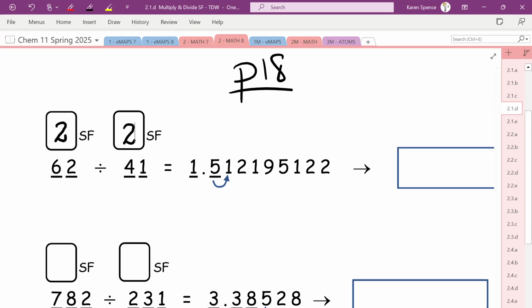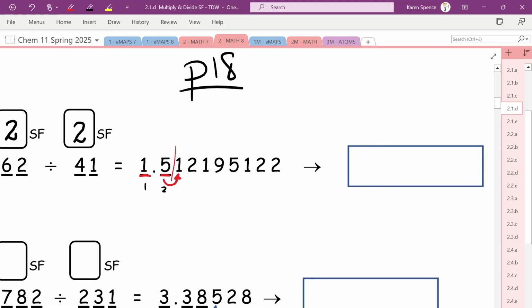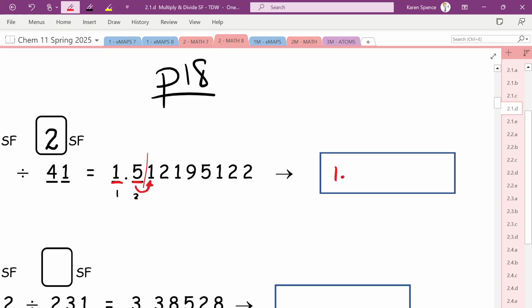Okay, so we have 1, 2. We've underlined them. We now need to do a rounding. We look to the right and that is a 1, so this number will stay as a 5. So it's going to be 1.5. All right.